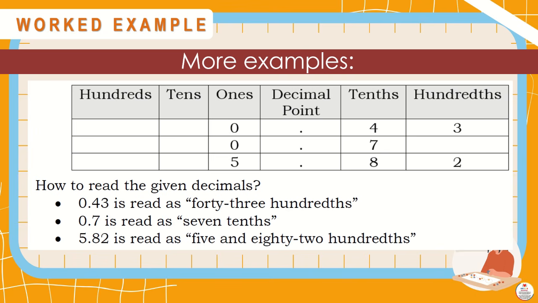How to read the given decimals? 0.43 is read as 43 hundredths. 0.7 is read as 7 tenths. 5.82 is read as 5 and 82 hundredths.